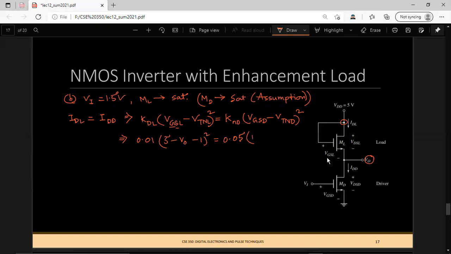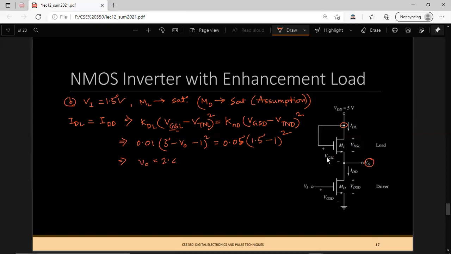This will give 1.5. Now the input voltage is 1.5 minus the threshold voltage, that is 1 square. So from here we can easily solve for V0.